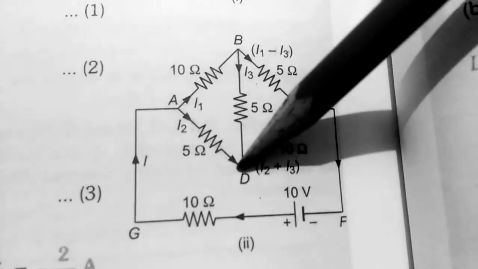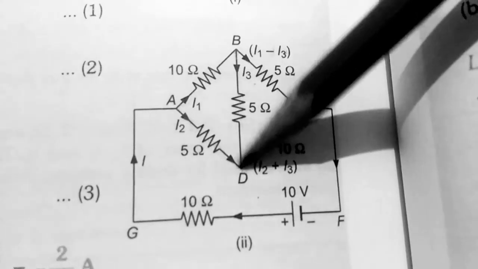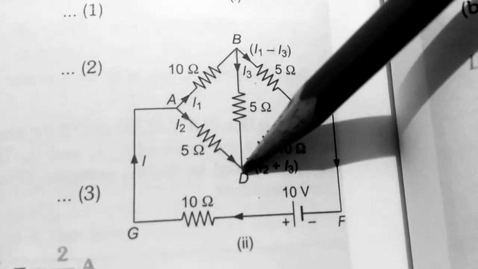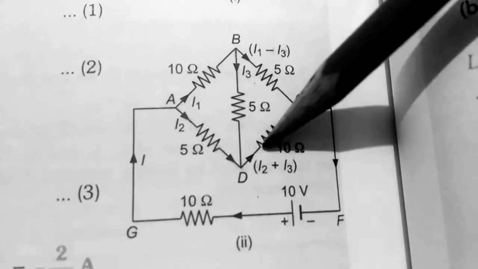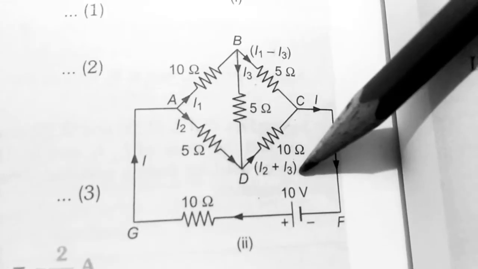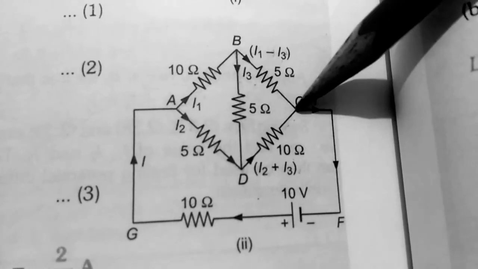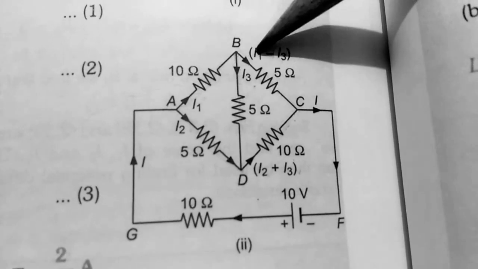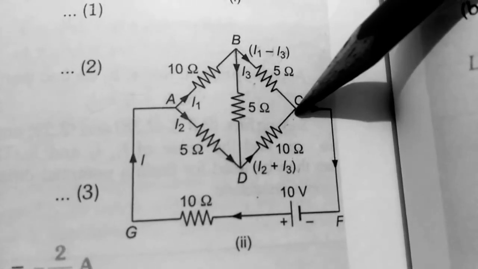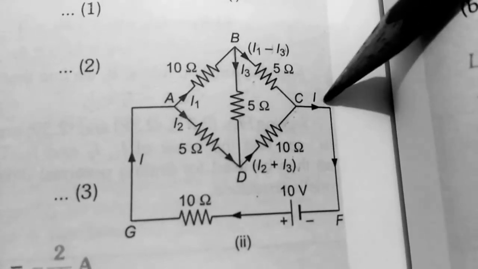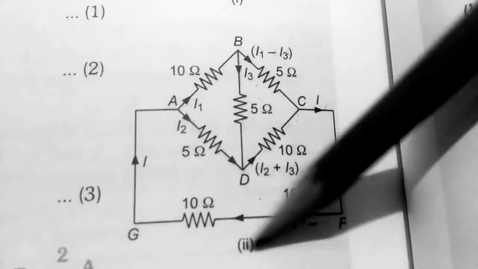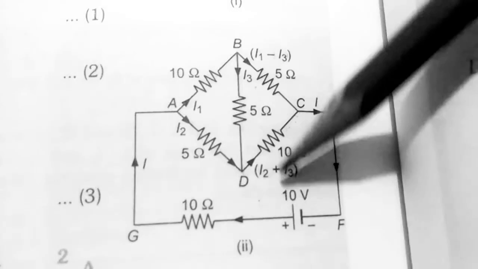This current I2 will meet at point D with I3, and from here when they both combine, they flow through this resistance of 10 ohm, I2 plus I3. At point C, this current I1 minus I3 and I2 plus I3 all combine and become current I again. Okay. So this is the explanation of this circuit.